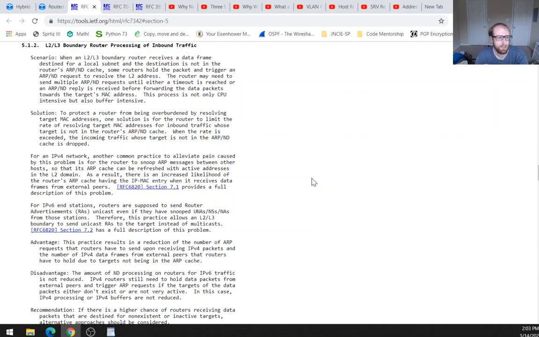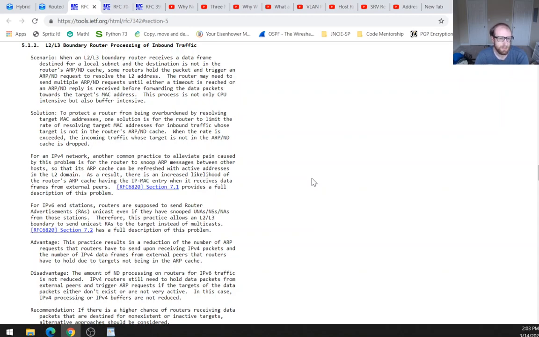The router may need to send multiple ARP/ND requests until either a timeout is reached or an ARP/ND reply is received before forwarding the data packets towards the target's MAC address.